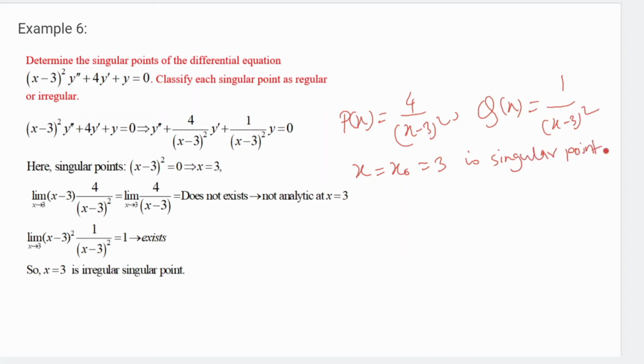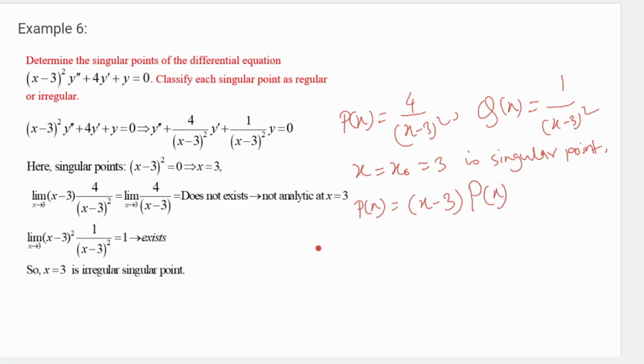Now we have to make sure whether this singular point is regular or irregular. According to the definition, we find new p of x equal to x minus 3 times p of x.